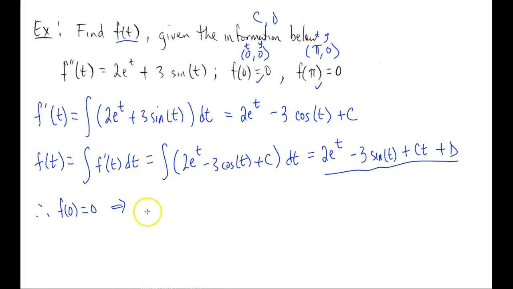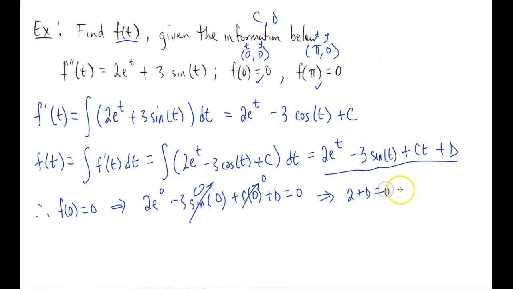Here we know that 2e raised to the 0 minus 3 sine of 0 plus c times 0 plus d is going to equal 0. And since all that equals 0, and e raised to the 0 is 1, what we're going to have is 2 plus d is equal to 0, which implies that d is equal to negative 2. So we know what one of our constants is.